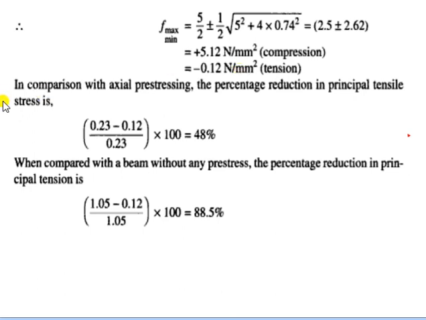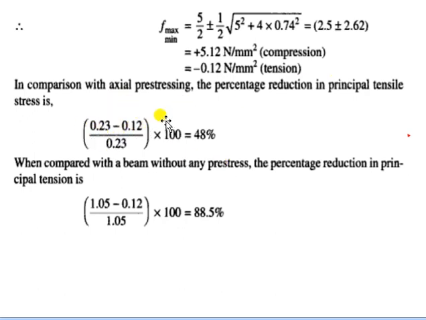If we compare with and without pre-stressing, in comparison with axial pre-stressing, the percentage reduction in principal tensile stress is 0.23 minus 0.12 divided by 0.23.